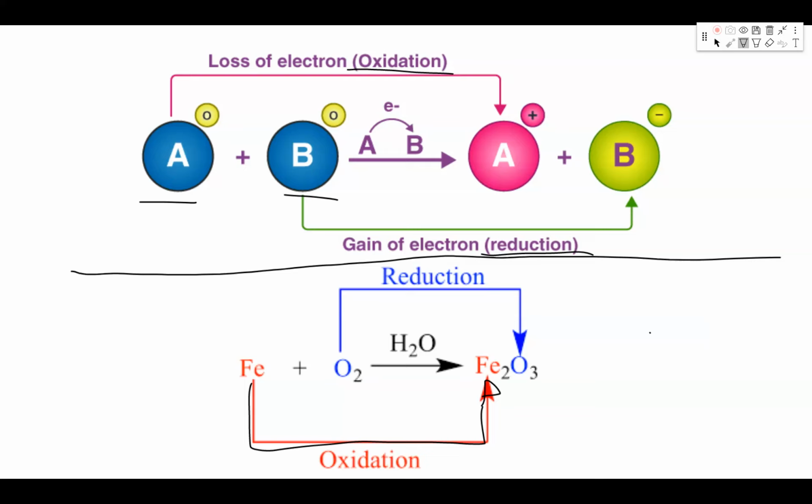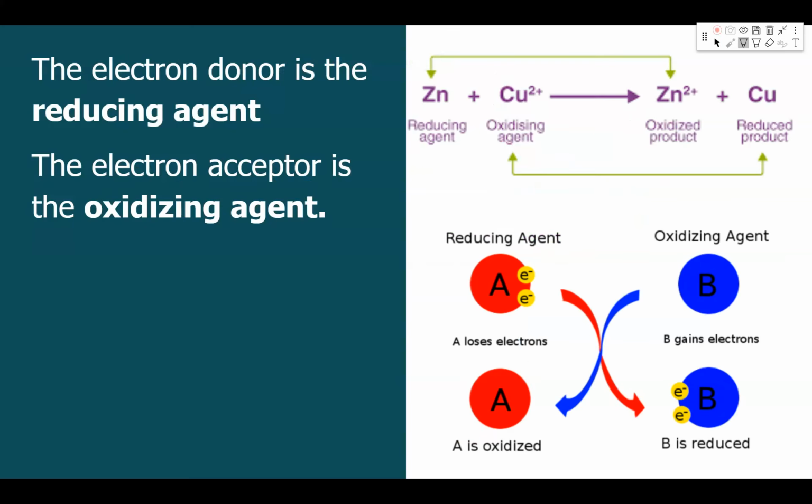Questions here? There's a lot of weird backwards terminology that comes up with this stuff. So, oxidation, reduction. We have another word to add to our repertoire. Our electron donor is going to be called the reducing agent, and our electron acceptor is going to be our oxidizing agent.